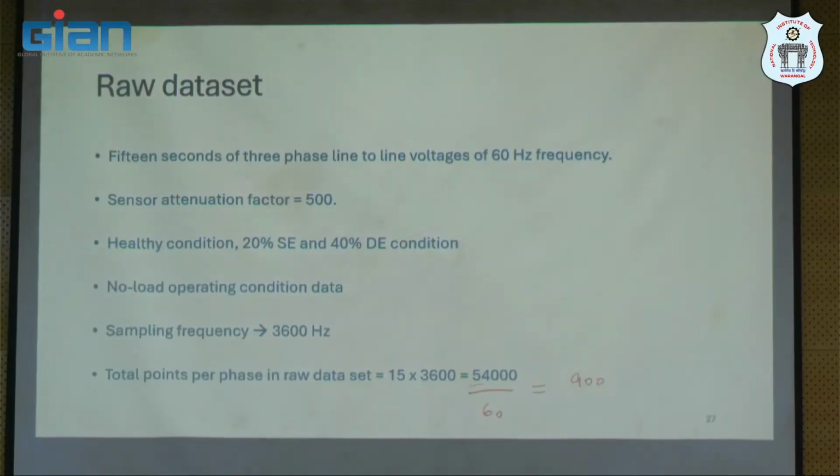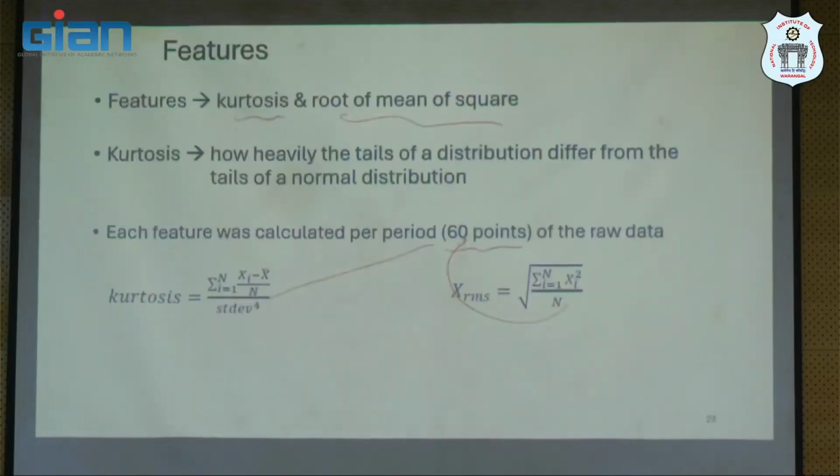For the same one cycle, I will also calculate kurtosis using the 2 equations. So every 60 points will give me one feature vector of kurtosis and RMS. So like that, there will be 900 feature vectors, right?